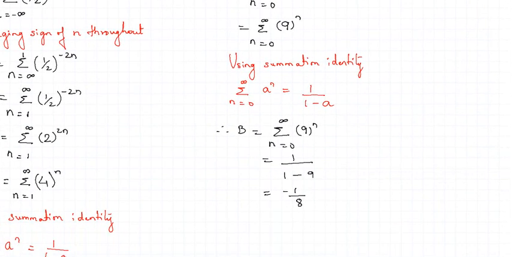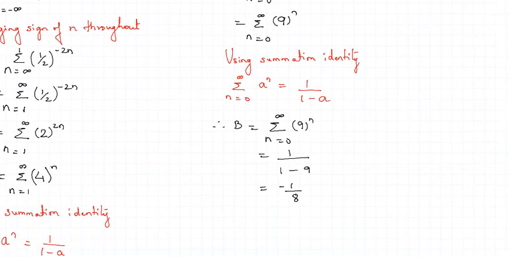So what do we get? My a here is nothing but 9. So 1 upon 1 minus 9. So when I solve it, the b part of the equation is minus 1 by 8.